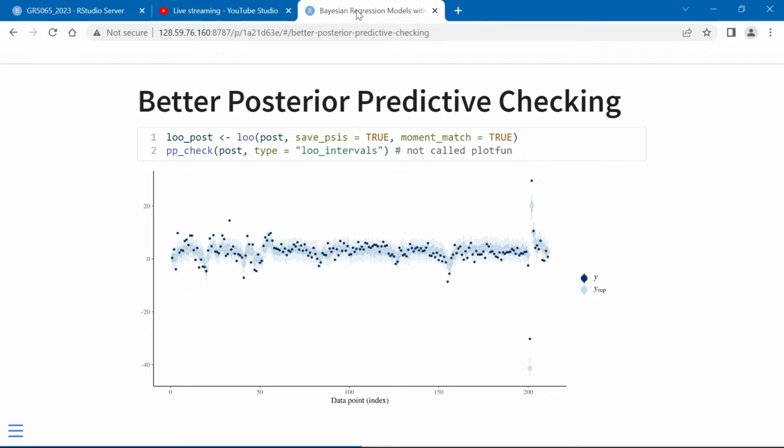And so moment match is a little bit faster. Reloo is actually easier to understand. They're both intended to do the same thing.